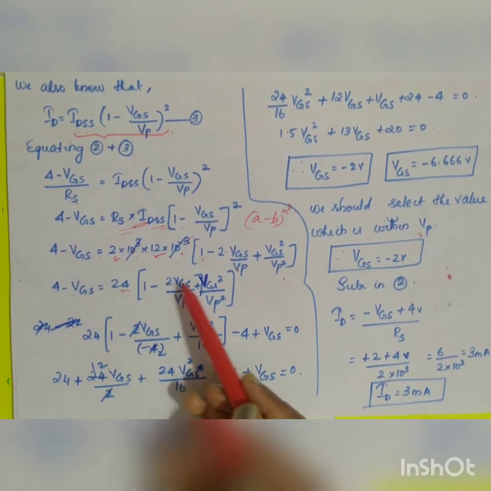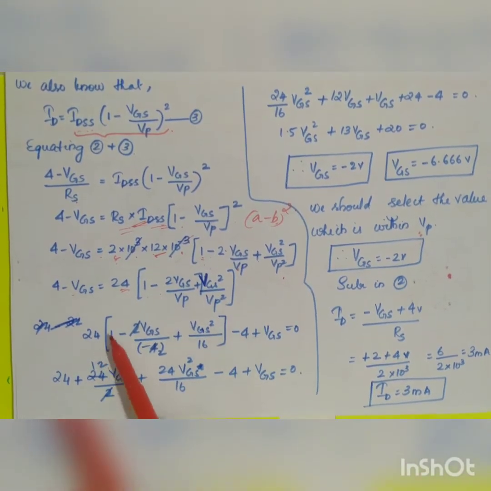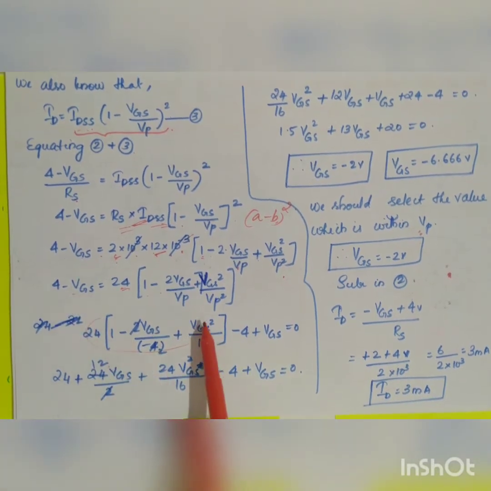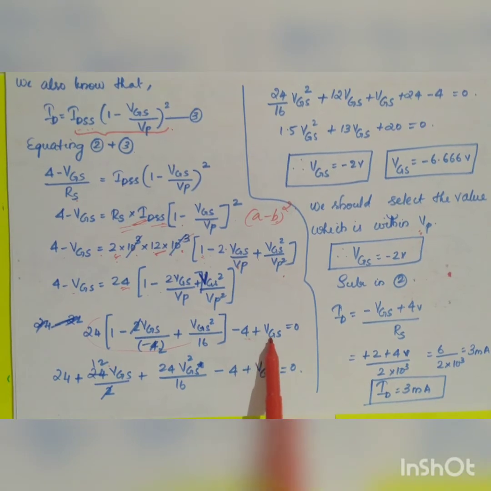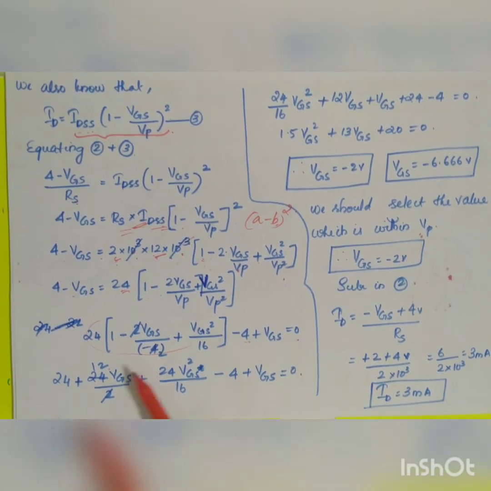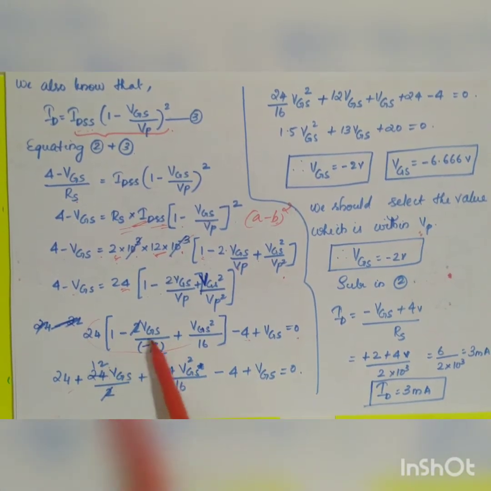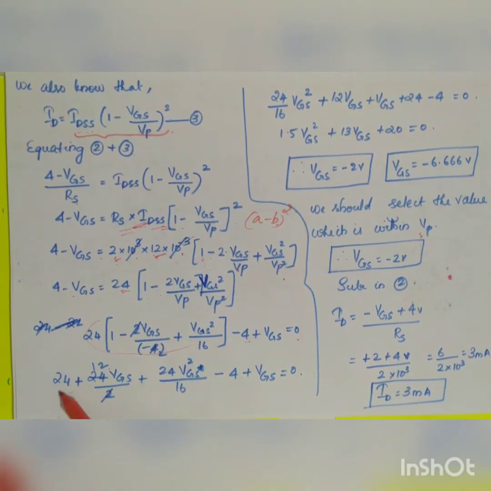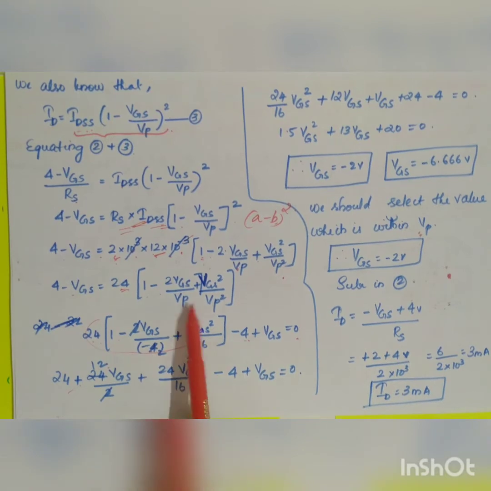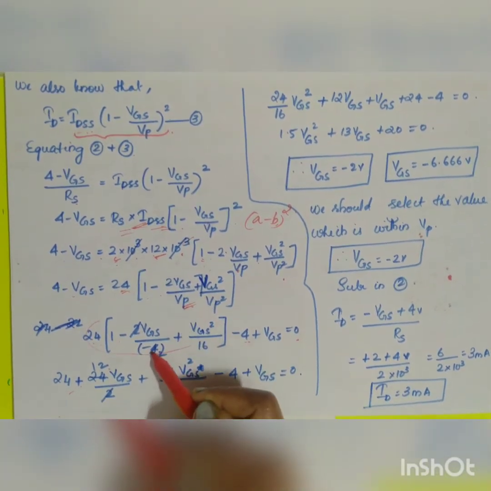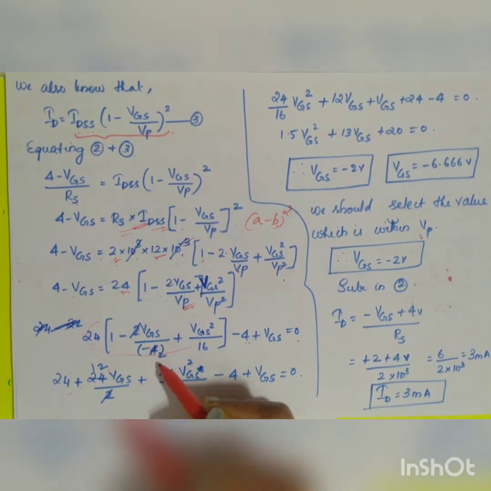Now bring this all towards one side. So when you bring it to the opposite side, you will be getting 24 into, minus 4 plus VGS is equal to 0. So just cross multiply it inside. Okay. So you have expanded 24 plus. Instead of VP, you know VP is equal to minus 4. I have substituted this value and you are cancelling it.